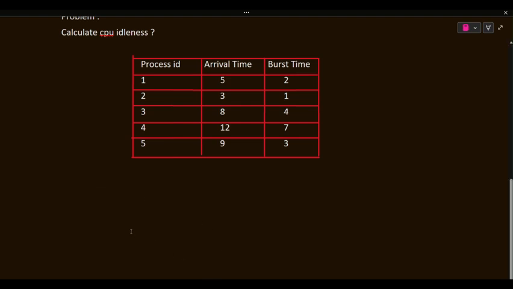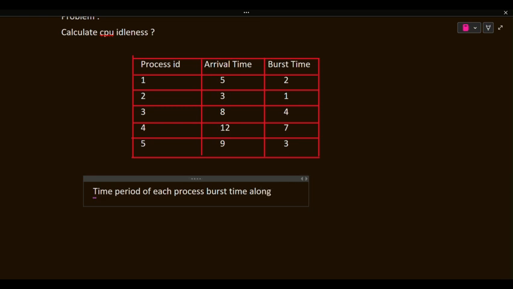It represents the time period of each process's burst time along with CPU idleness, and it is represented with rectangular boxes.